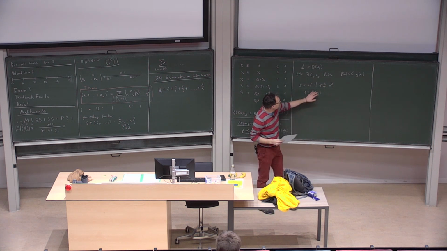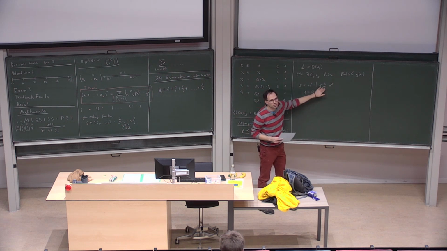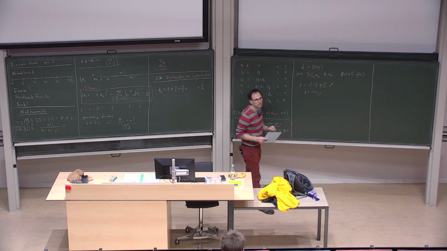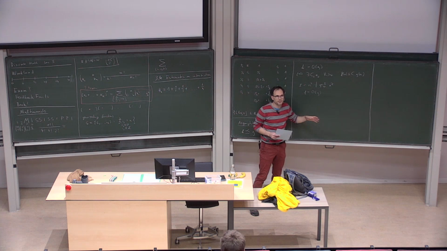And what happens is g is never larger than f, right? The only difference is the leading constant here. And so the big O says, okay, we stop caring about these leading constants.